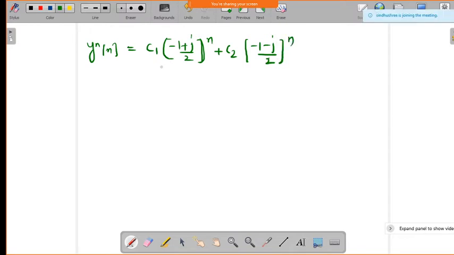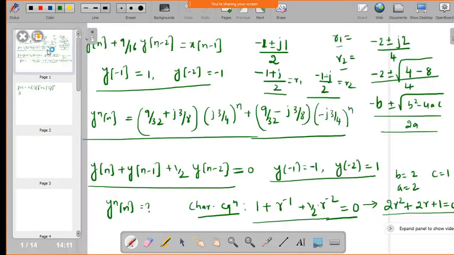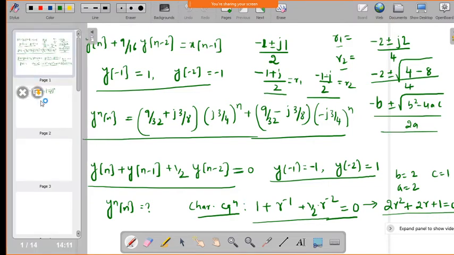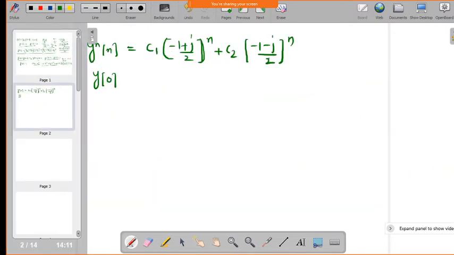Now try to find the values of C1 and C2 by using the initial conditions. To put the initial conditions, find y of 0 and y of 1. y of 0 is equal to C1 plus C2, but we don't know y of 0, we need to find it out.